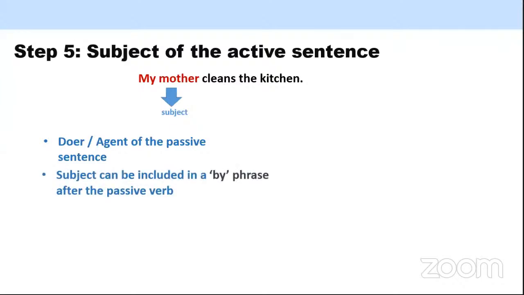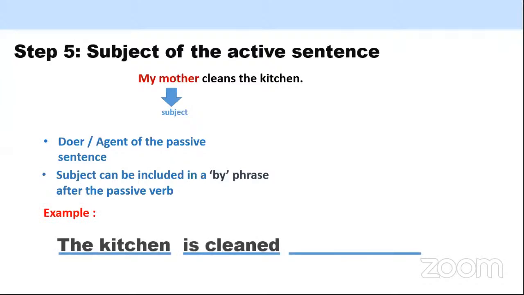So, we can include the subject of this active sentence in a by phrase after the passive verb.